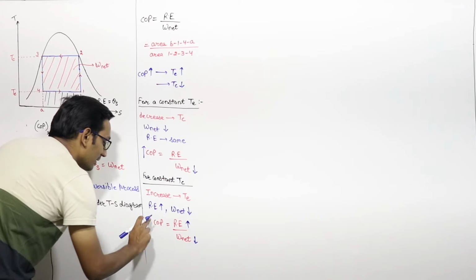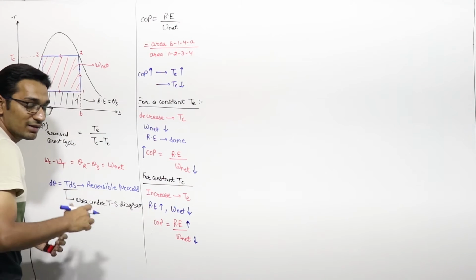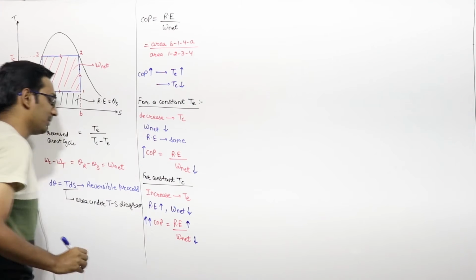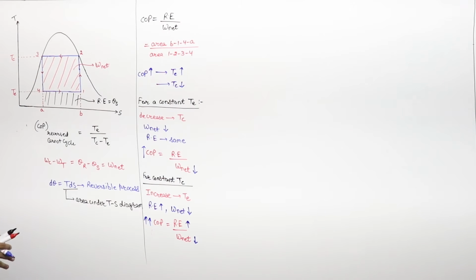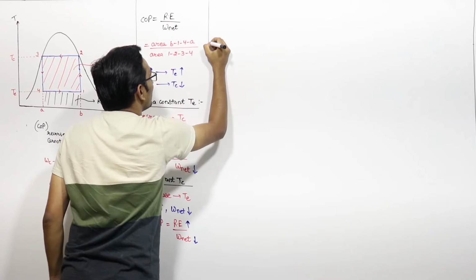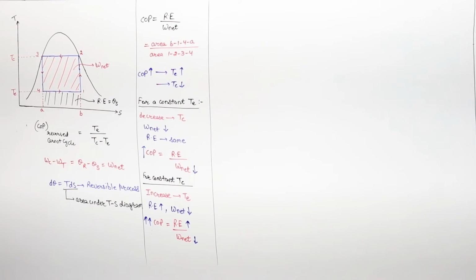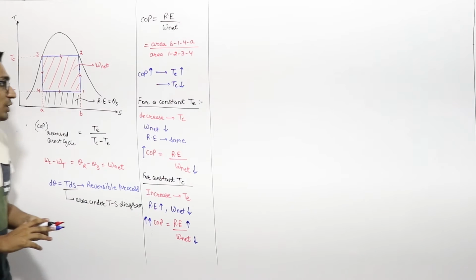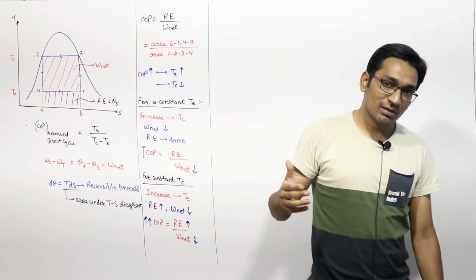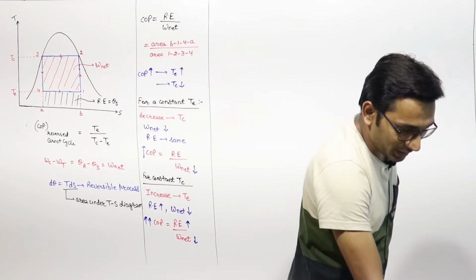So as a result, because both of the factors will make COP more increased, right? They will make this COP increased. So this is the variation of condenser temperature and evaporator temperature on the COP, right? So COP will increase if you increase the evaporator temperature, and it will increase when you decrease the condenser temperature.